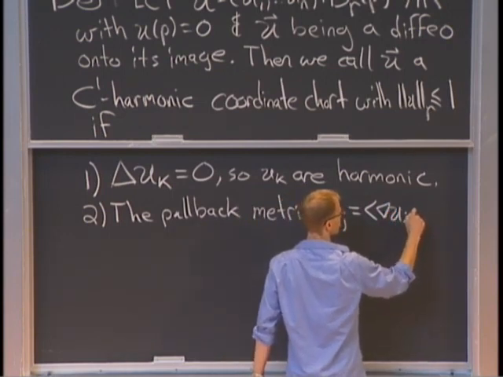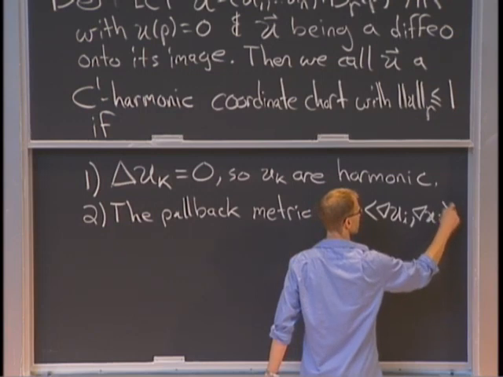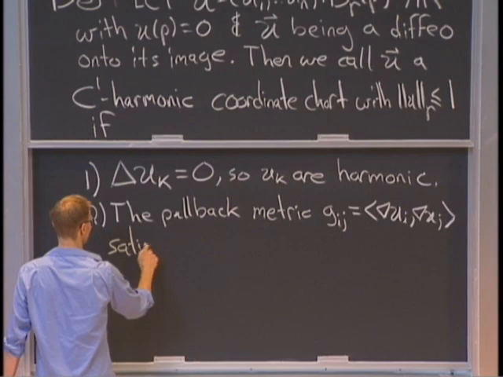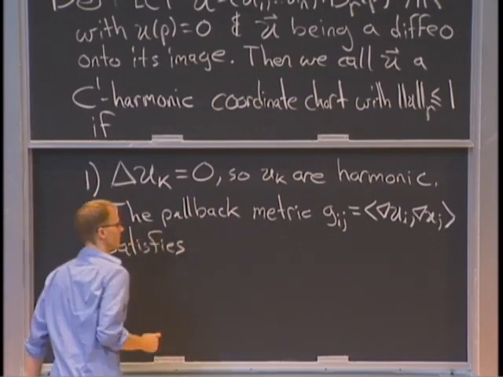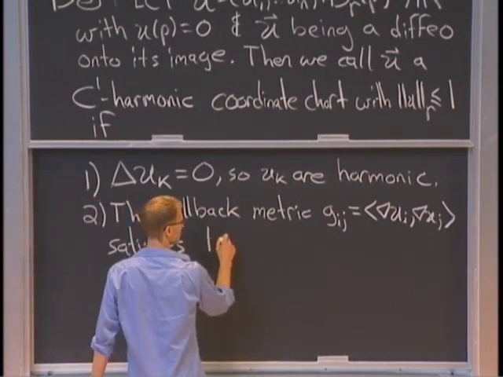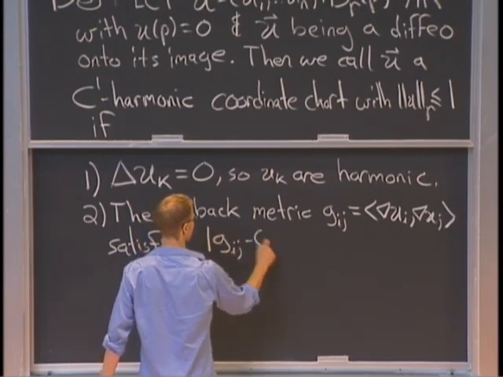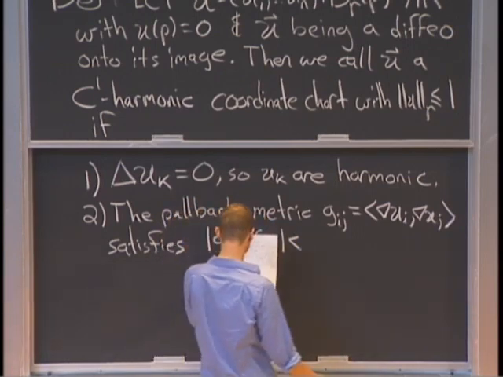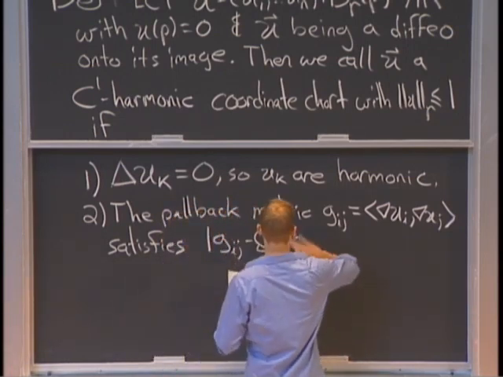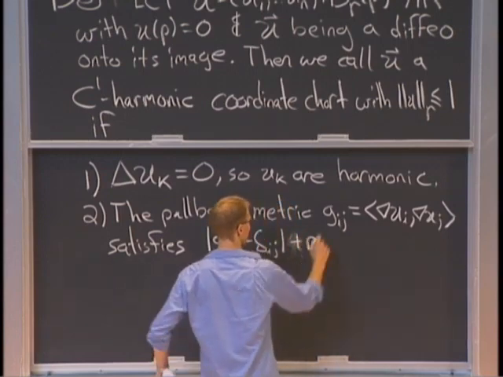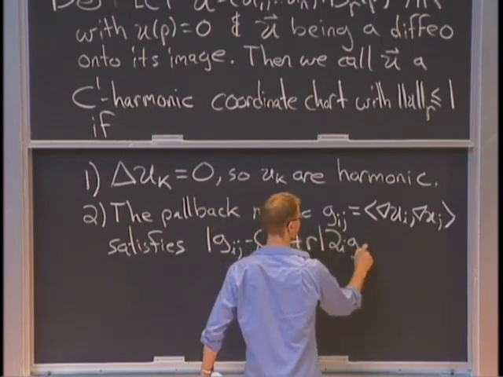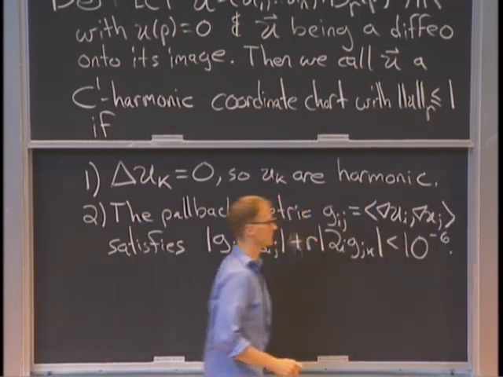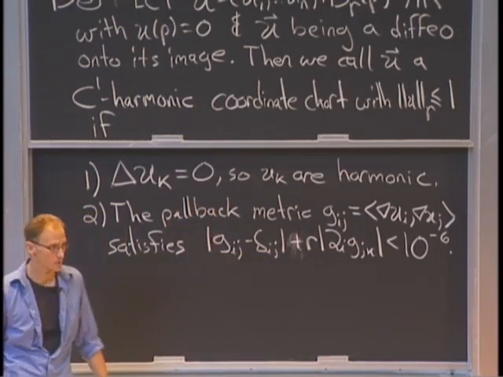It satisfies: the norm of gij minus delta ij, plus r times the norm of the derivative of gij, is less than 10 to the minus 6. Just something small; it doesn't really matter what it is.